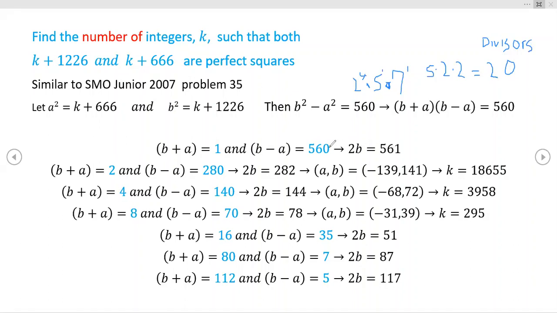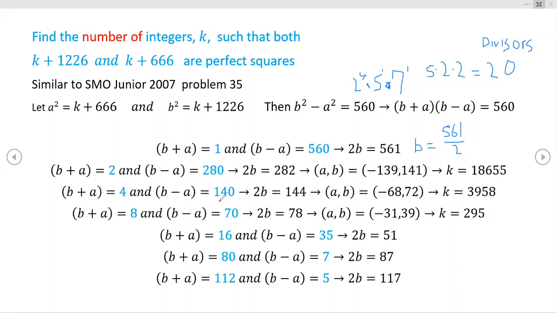The b's add, b plus b, but a minus a cancels. But what this means is that b is not an integer. b is equal to 561 over 2. So you see, we're not interested in that. We're looking for integer solutions, of course. So this is something that we can't consider.